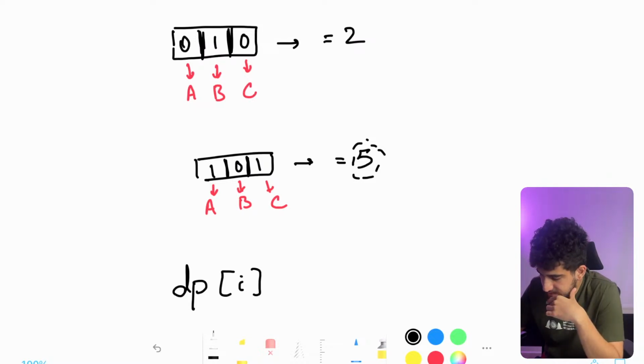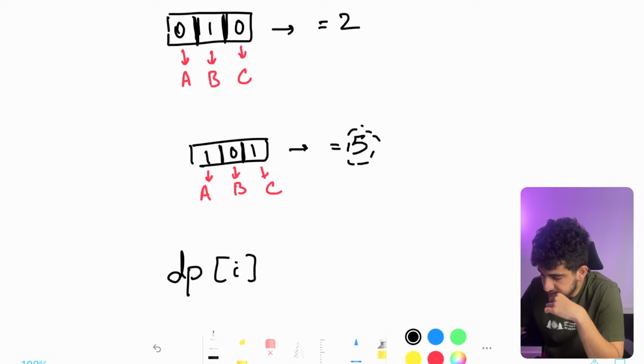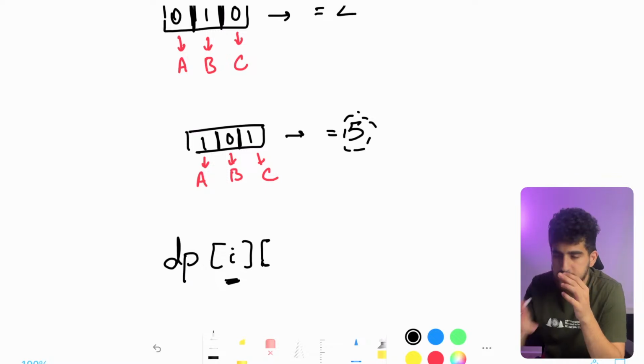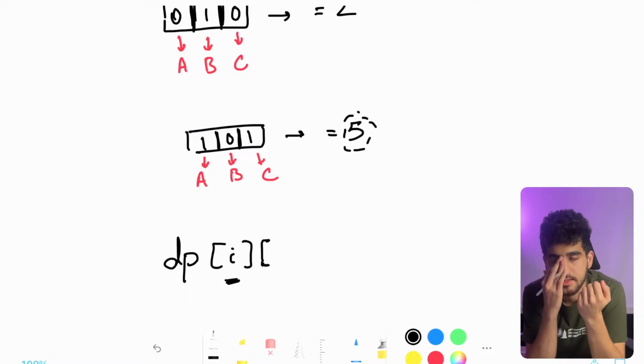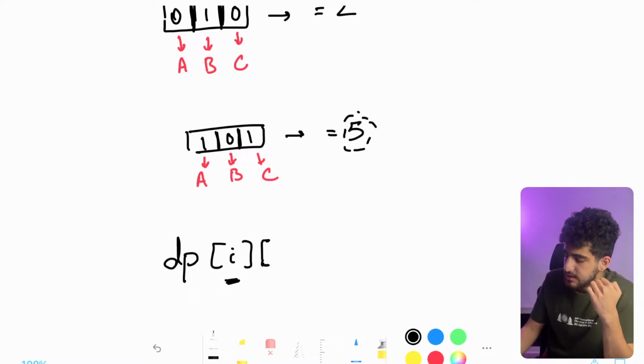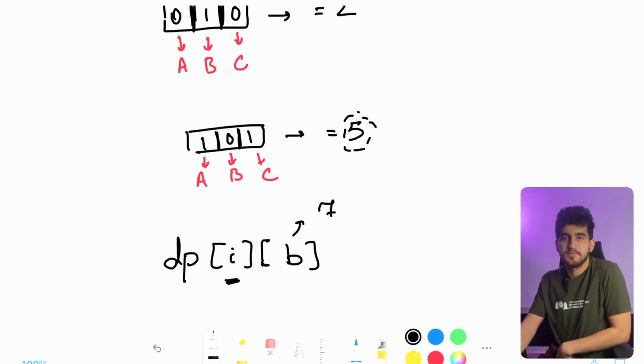Because assume that we have only considered the first I juices, and the juices that we've bought, all of them give some number, like B. At the end, this B should become 7. 7 means that we have all 3 of them.